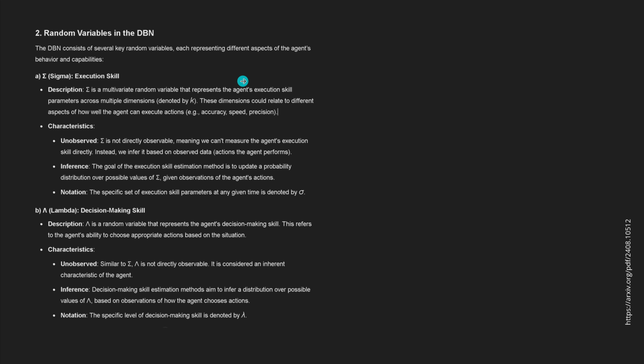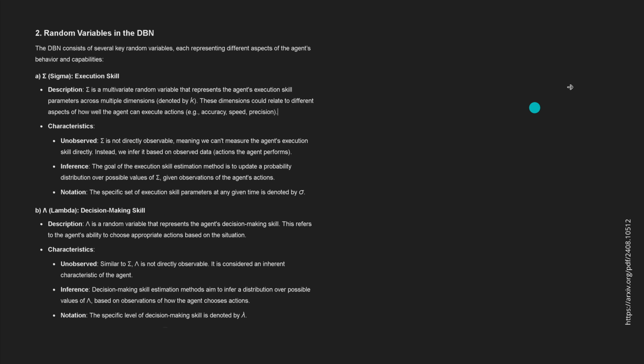Now, if you want to have a little bit of a deep dive, here are the random variables again, but with a little bit more characteristics, where I show you what is observed, what is unobserved, what is happening in the inference. So, of course, we have the execution skill and the decision-making skill.